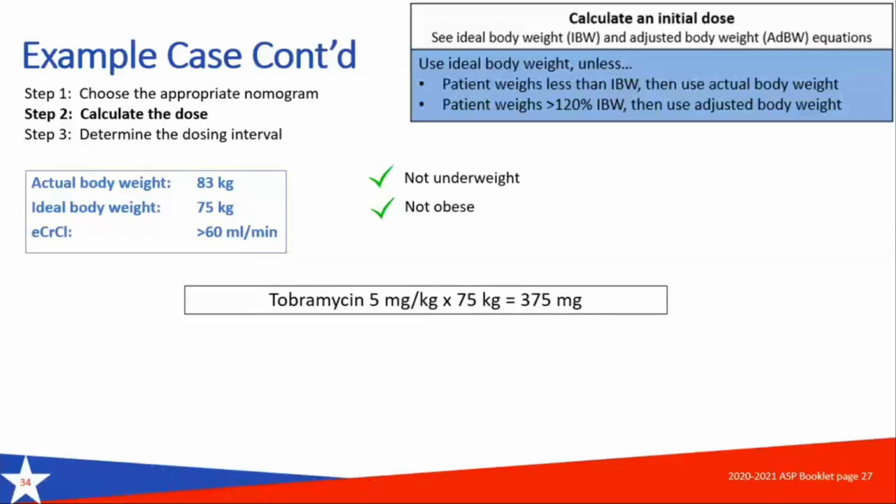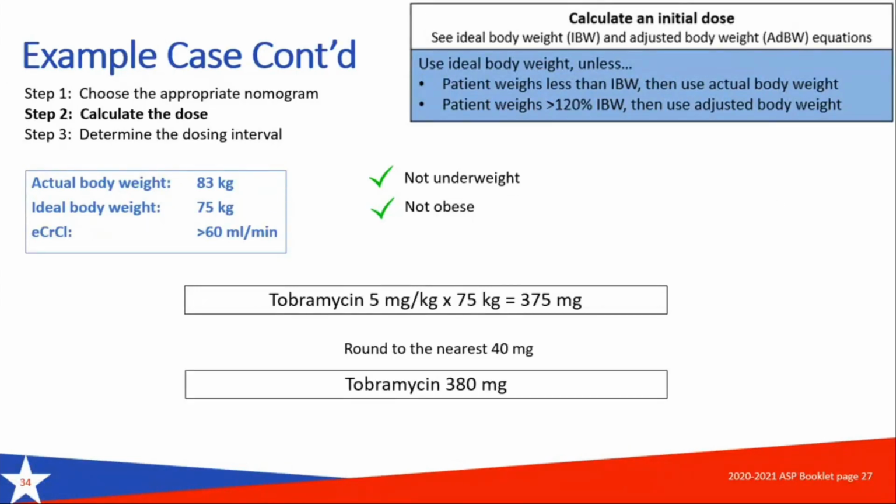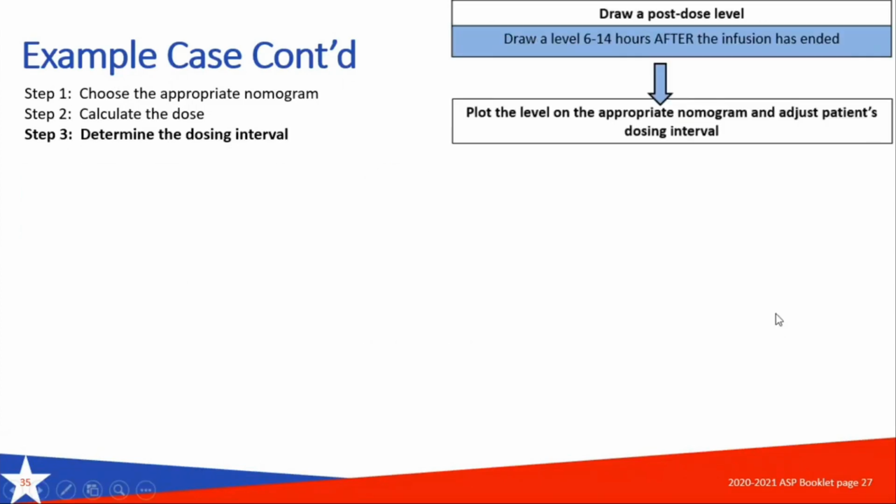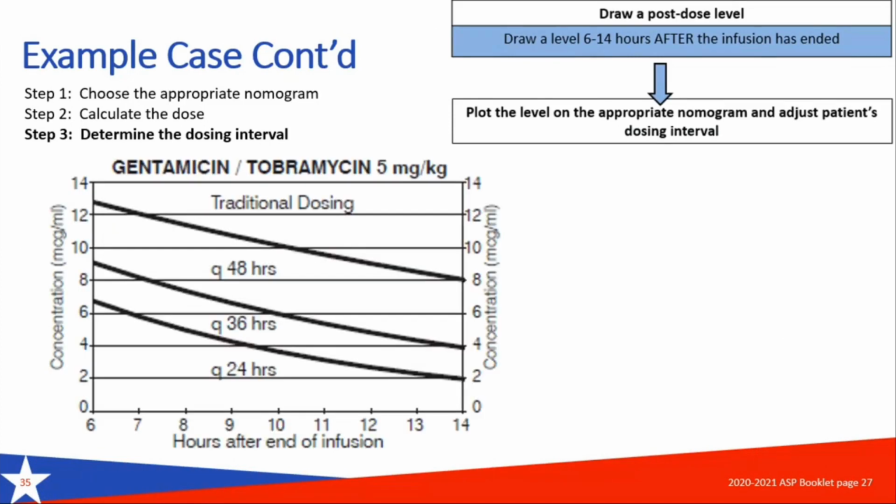We want to do tobramycin 5 milligrams per kilogram times the 75 kilos, that is his ideal body weight, and that equals 375 milligrams. If we want to round to the nearest 40, the dose would be Tobra 380 milligrams. So we'll assume that he got that dose, and now we're going to get a post-dose level.